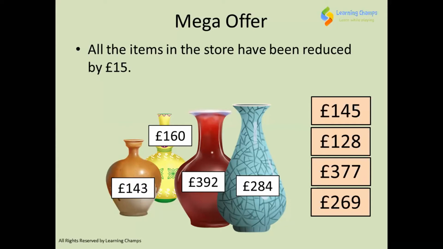Why is that? Yes, Shauki? Can you explain why it is the brown pot or why it is the yellow pot? Some of you said it's the brown pot's price tag.